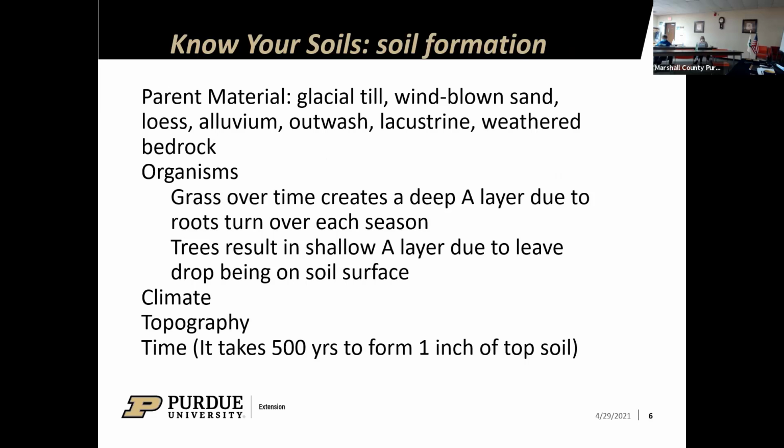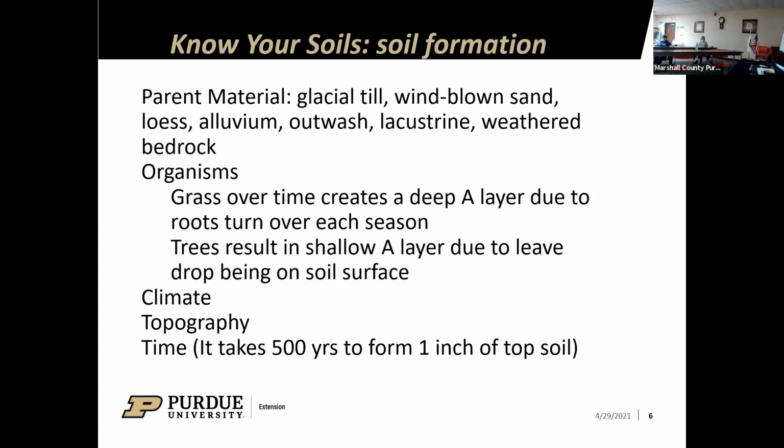Looking at organisms, if you get in the prairie soils, what we call the A layer, which I'll define in a minute, can be feet deep, and that tends to be where the organic matter accumulates, because for prairie grasses, what dies every year is most of the root system, so that builds up organic matter in the soil.